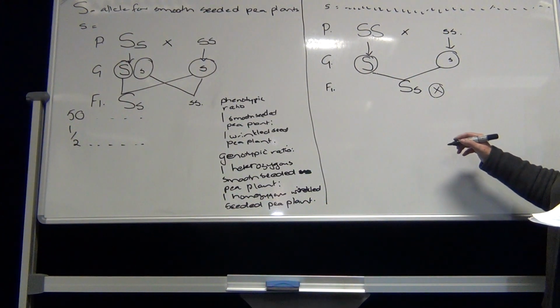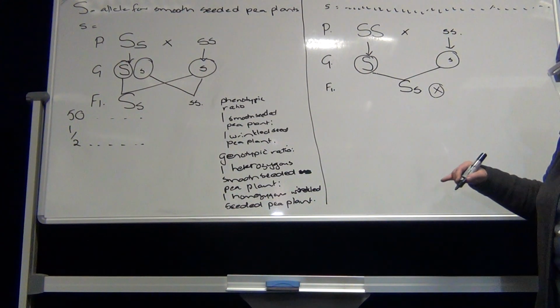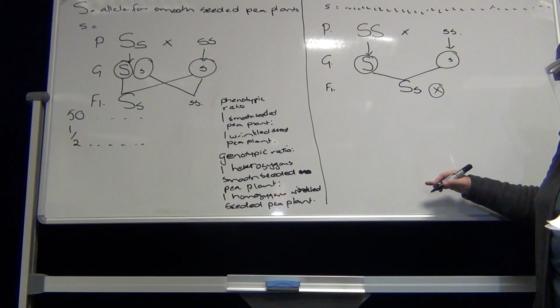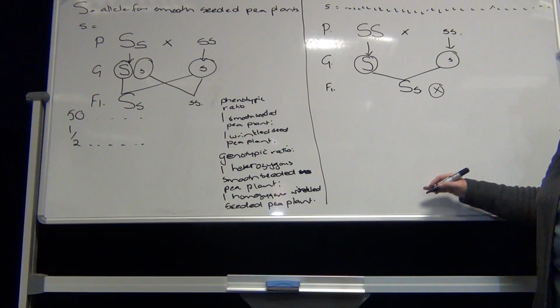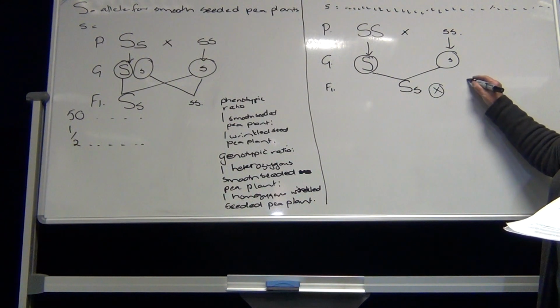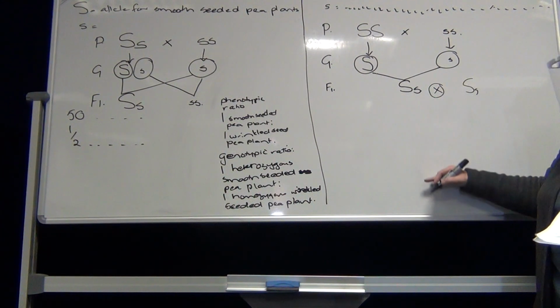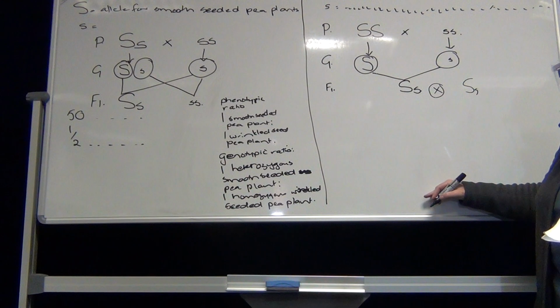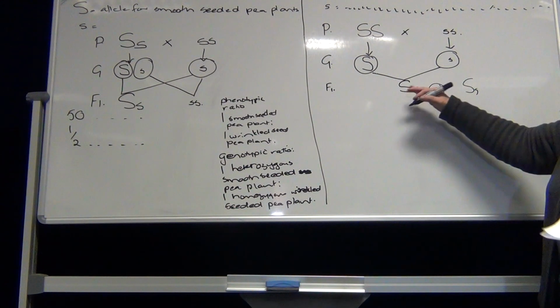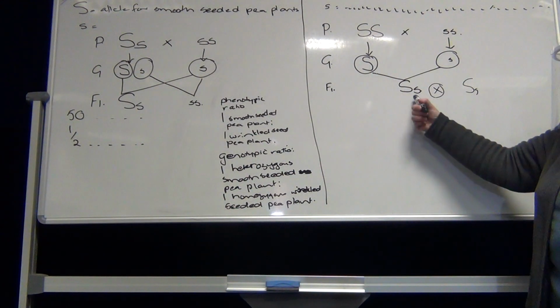And you can do one of two things, and I don't mind which one you do. You can either write a second one over here and just keep going, or you can just go straight down to the gametes, because all these ones were exactly the same.